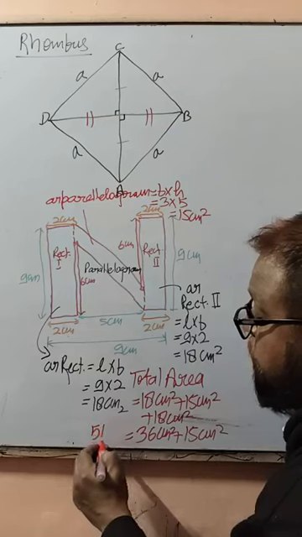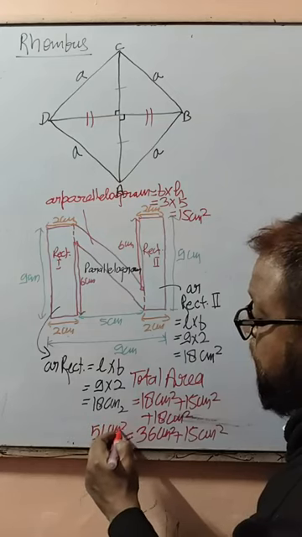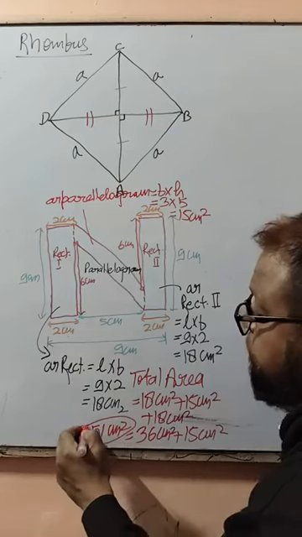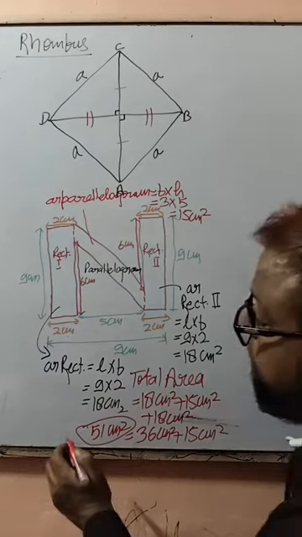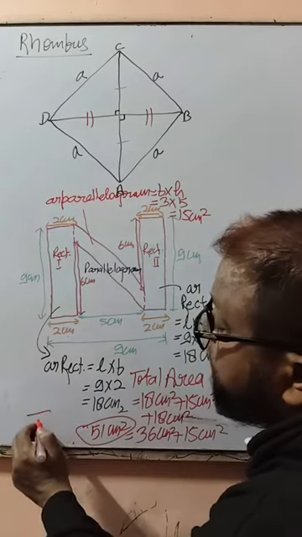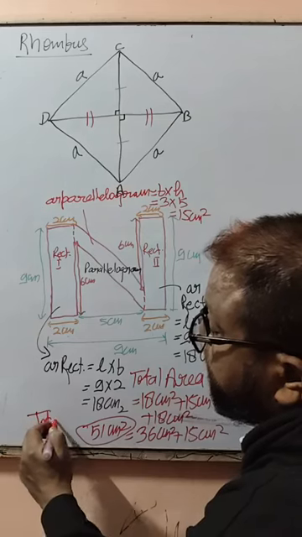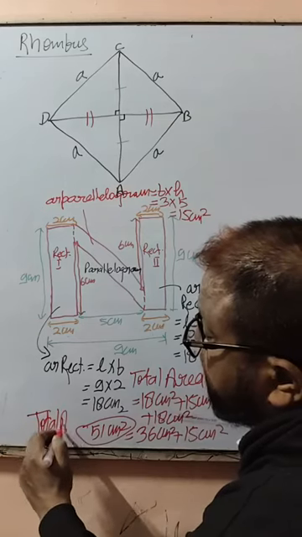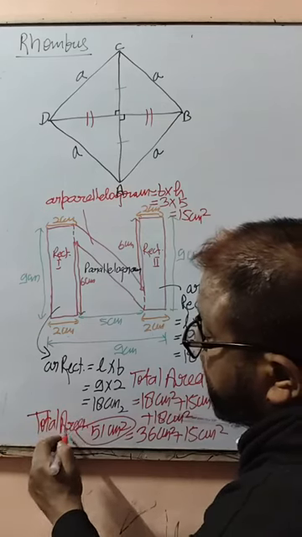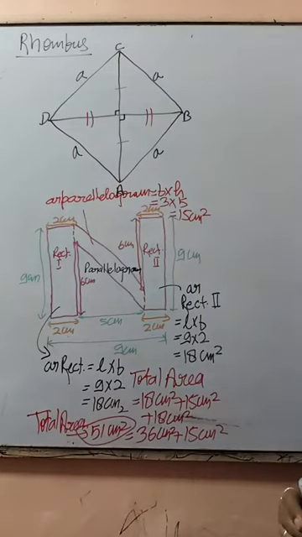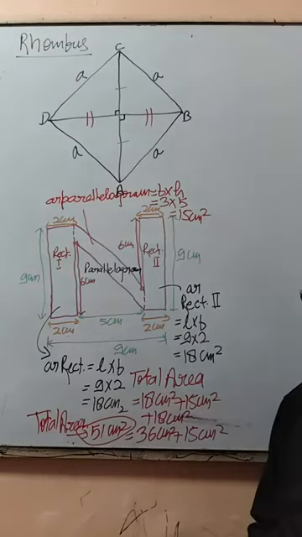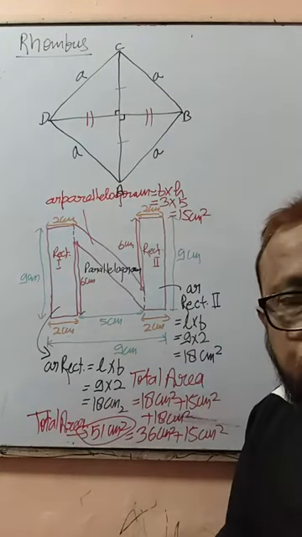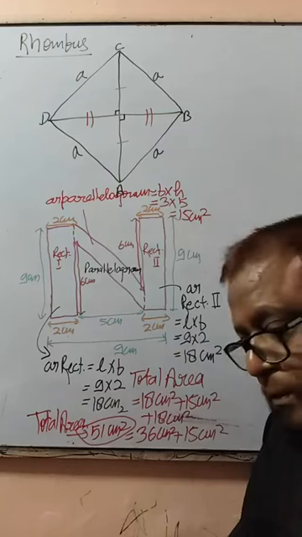So 51 centimeter square is the total area, right? What is your answer? Total area is 51.